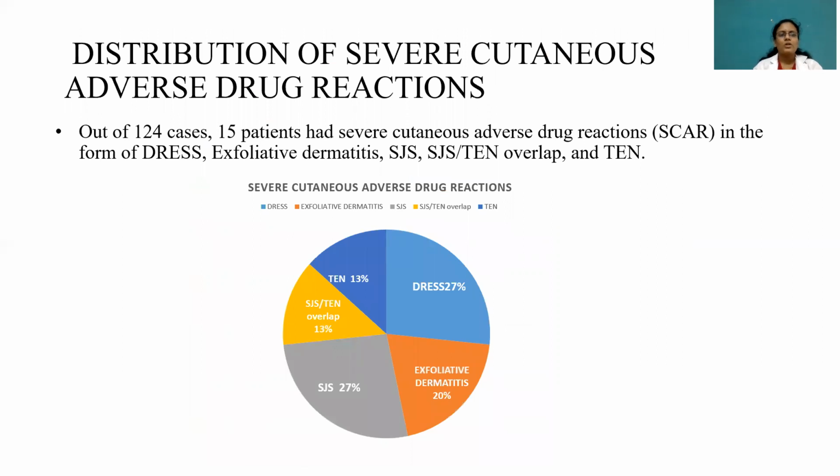Out of a total of 124 cases, 15 patients had severe cutaneous adverse drug reactions in the form of DRESS, SJS, exfoliative dermatitis, SJS with TEN overlap, and toxic epidermal necrolysis. Among them, DRESS and SJS formed 27%, followed by exfoliative dermatitis, which constituted 20%, followed by SJS and TEN overlap, which formed 13%, and TEN alone formed 13%.